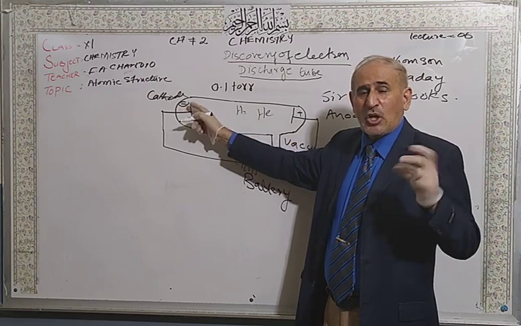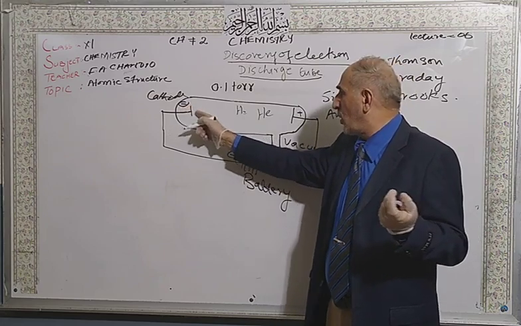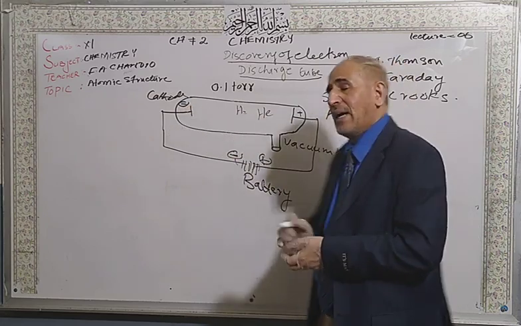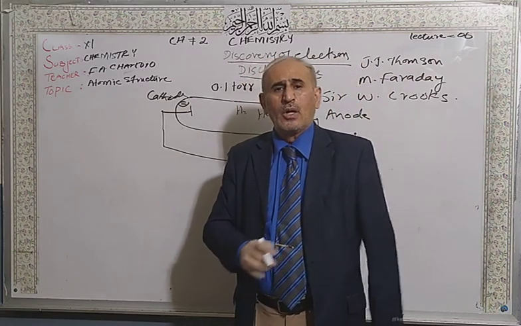This light glowing was observed from the cathode, and it was traveling towards the anode.